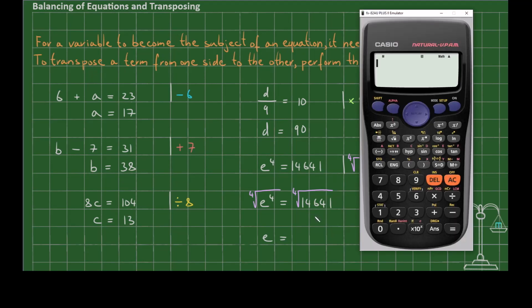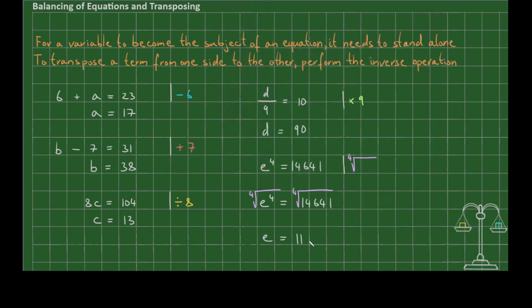To enter the fourth radical on my calculator, I'm going to press Shift and then the x with the blank square, and now I can enter the fourth radical, move to the right, and then enter the value, 14,641, and press the equal button, which gives me 11. So I can say that e equals 11.